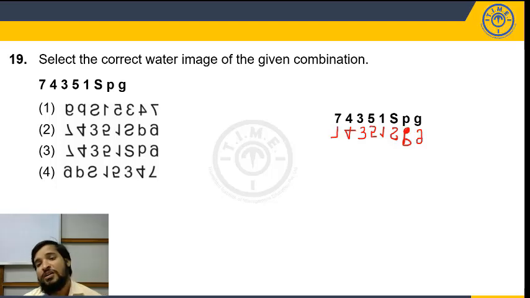This is the water image for the given combination. Okay, in which option is 7 not it? First one is not your choice. Choice 2 will be the water image for the given combination.